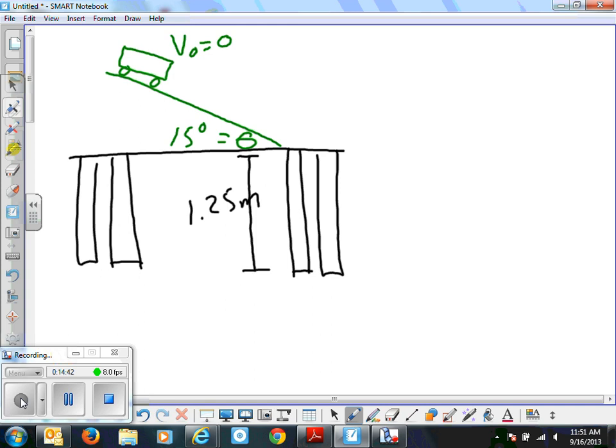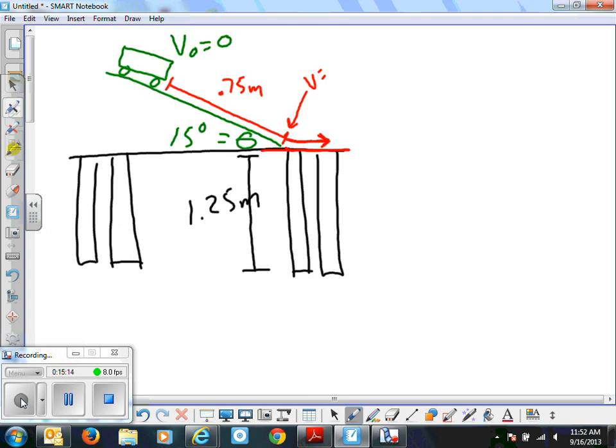And we'll say that it travels down the ramp for 0.75 meters. And the transition here is without loss of energy, okay? So whatever V you get at the end of the ramp here, that is constant until acted on by an outside force.